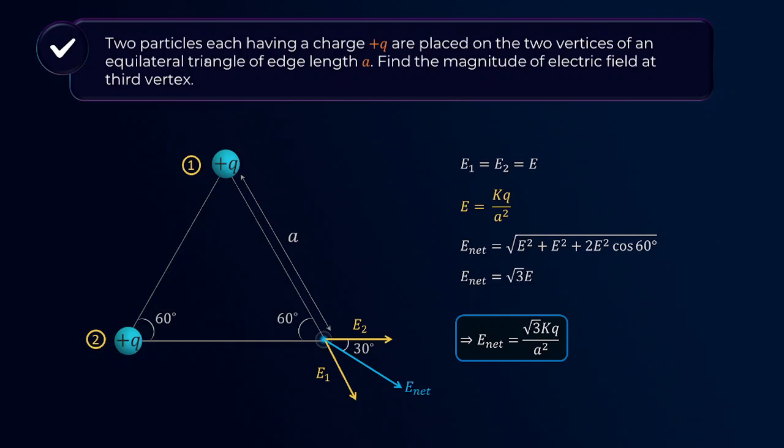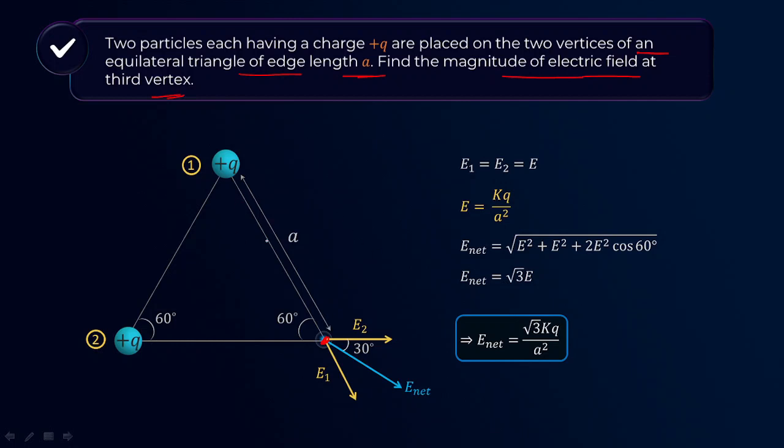Two particles each having a charge plus q are placed on two vertices of an equilateral triangle of edge A. Find the magnitude of the effective electric field at the third vertex. Here we want to find the electric field. Due to both charges, we know that the electric field is a vector quantity.